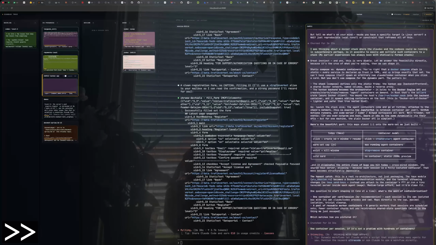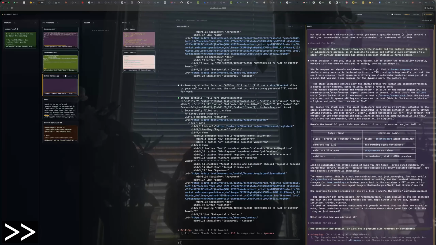I just saw the other thing going on here, the registration at Trafikverket, the traffic agency. I asked it to register me, and it actually used the mail address form that I usually use for such things.